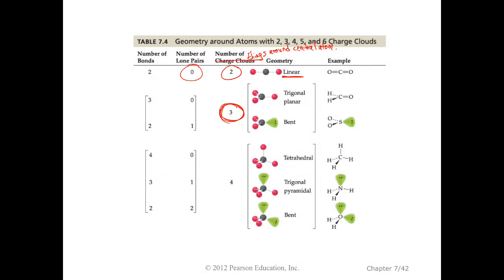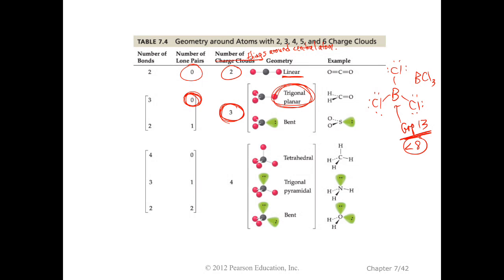You have one where there are no lone pairs, and that's just your trigonal planar. One example of that is BCl3, which has no lone pair on the boron. And that's what I was talking about, that this is an exception. It's a group 13, so it's totally happy having less than 8 electrons. It only has 6 valence electrons around it, and it's fine. So this would have 3 things bonded to it, no lone pairs, so it's trigonal planar.